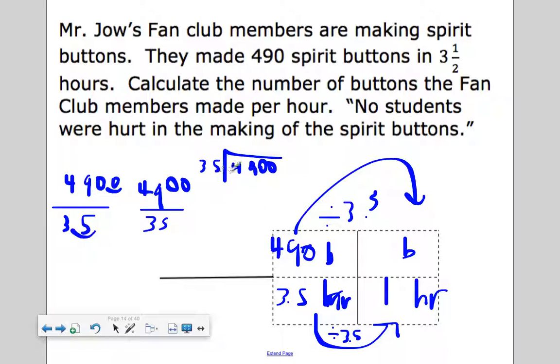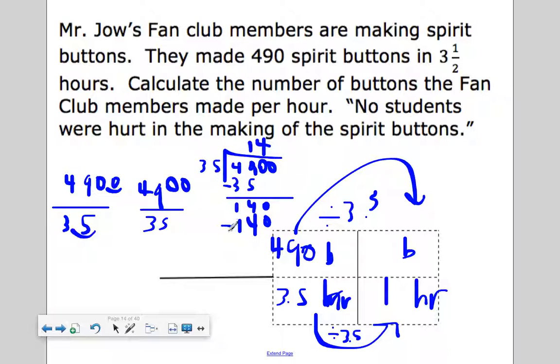So 4,900 divided by 35. Can 35 go into 4? 0 times. Can 35 go into 49? 1 time. So if I subtract 49 minus 35, I get 14. Don't forget to bring down that 0 right here. How many 35s go into 140? Let's see, 35, 70, 105, 140. That's 4 times. So that's 140. And this is where kids always mess up right here.